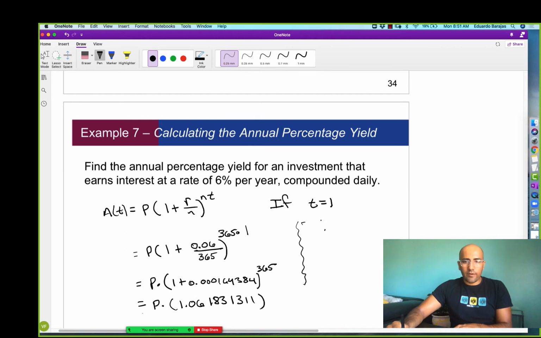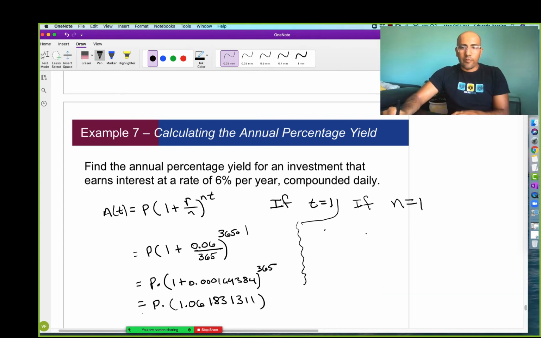If n was just equal to 1, compounded annually, it would have just been P times 1 plus r raised to the power of t, where this r is the annualized rate that's equivalent to this, compounded once at the end of the year.